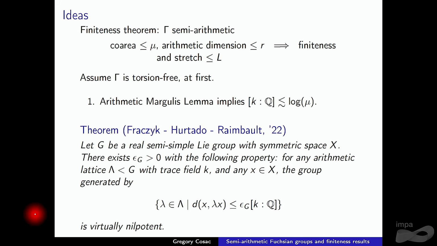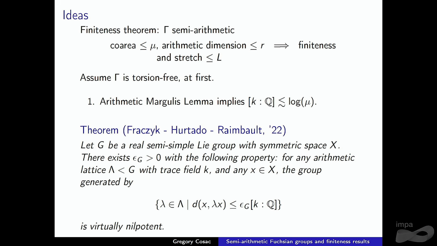I don't know if it's a good idea to make calculations here in front of everybody, but what we're trying to do is, in the geometry of your group gamma, you find two hyperbolic elements of a certain minimal translation length, let's say R, that have disjoint limit points.